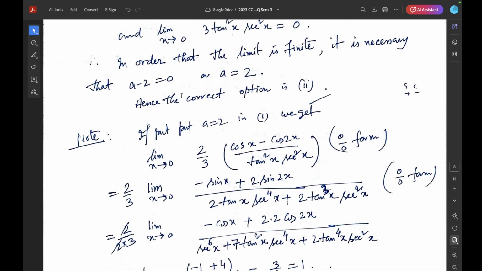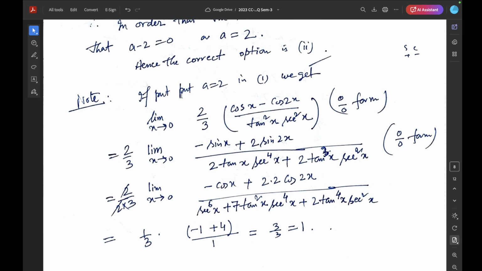For interest, we want to find the limit. If we put a equal to 2, we get this 0 by 0 form, and differentiating numerator and denominator again we find this, and again this is the 0 by 0 form, so differentiating again we get this.